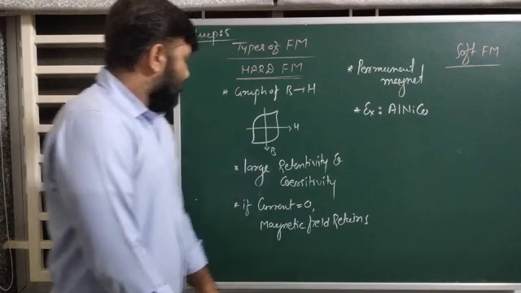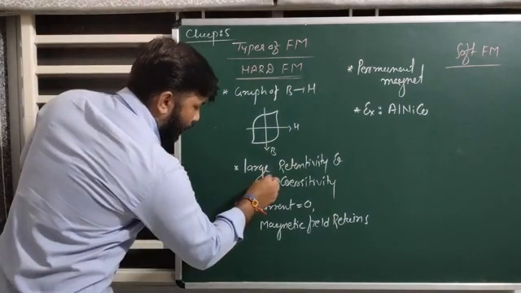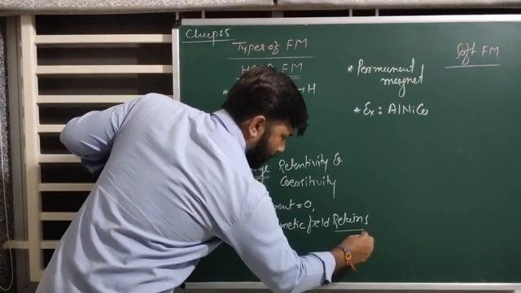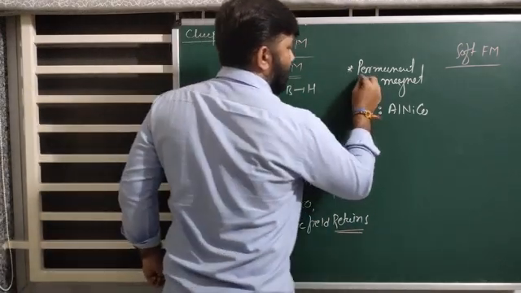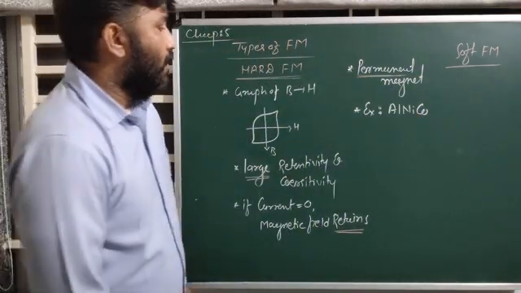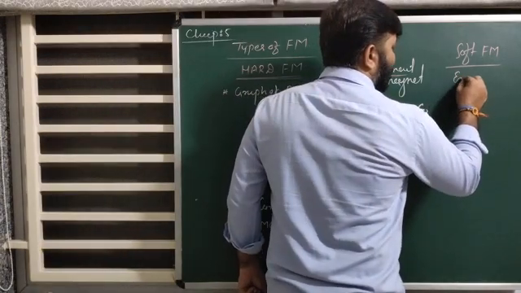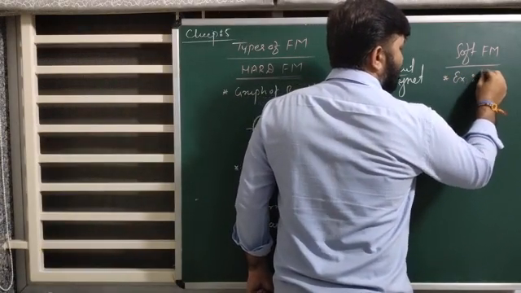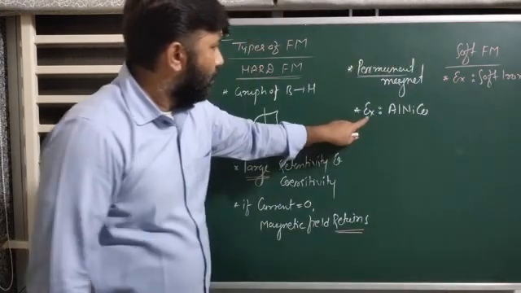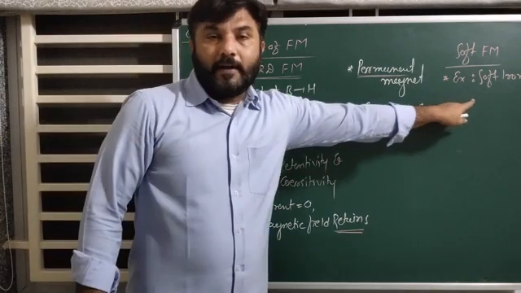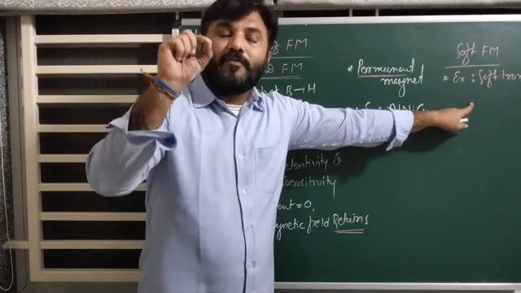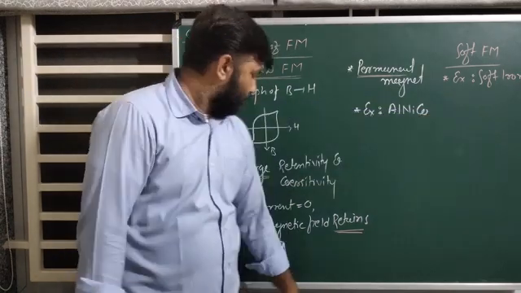For that, see, whatever I am going to underline, only this word changes. For example, it is soft iron, right? Permanent magnet, temporary magnet. For example, electromagnet in dynamo, fan, radio, etc.